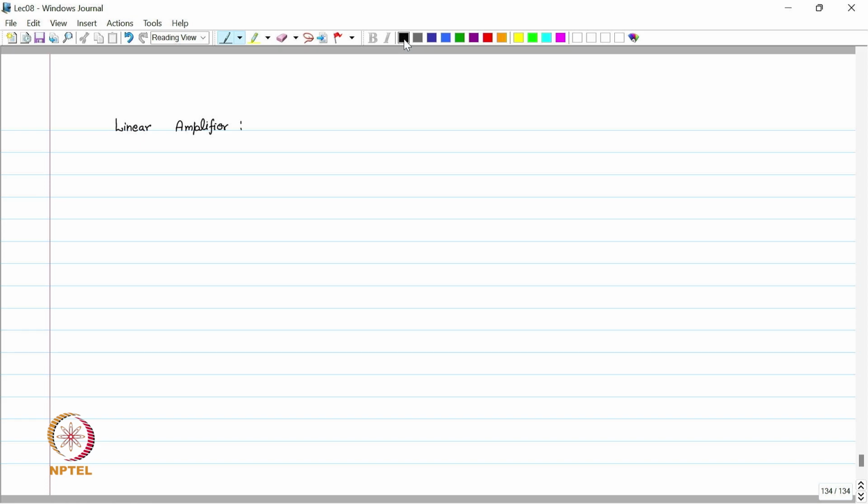So we can draw a common emitter amplifier. If we talk about the BJT version, then the common emitter amplifier looks similar to this.